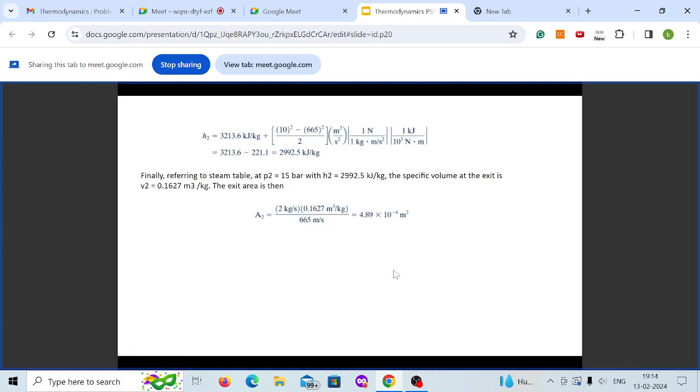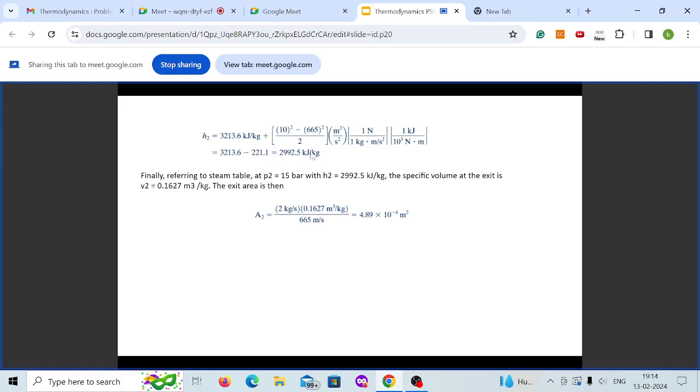Substituting this, V1 is 10 meters per second, V2 is 665 meters per second, by 2. This will be in joules, so divide by 1000 to convert it into kilojoules. So H2 is 3213.6 minus 221.1, which comes out to be 2992.5 kilojoule per kg.